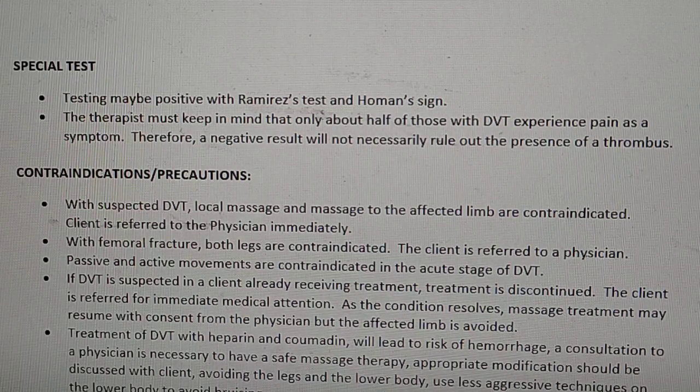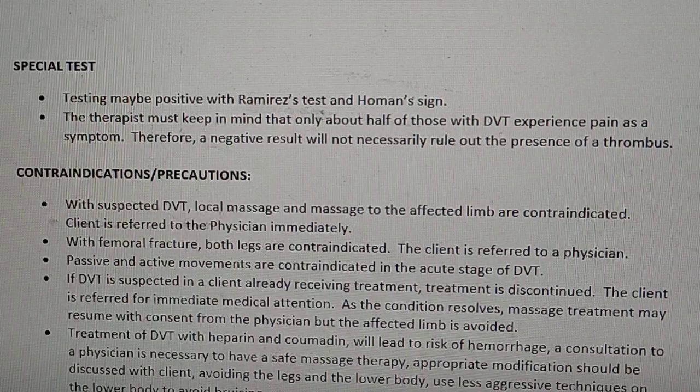So you have to make sure you did the special test properly, and if you have doubt, you have to refer the client to his or her physician.